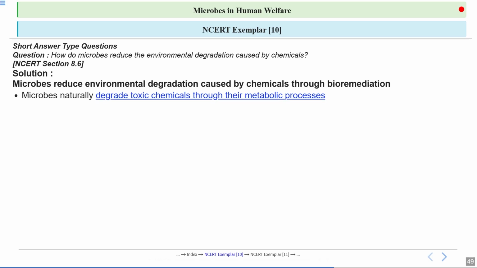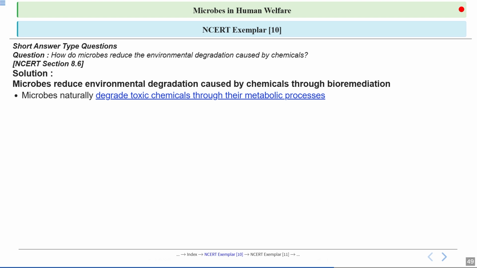Microbes naturally break down toxic chemicals using their metabolic processes. These microorganisms secrete certain enzymes. With the help of these enzymes, they can break down these toxic chemicals. They can also break down the organic matter as well.